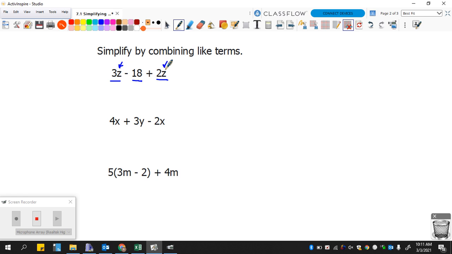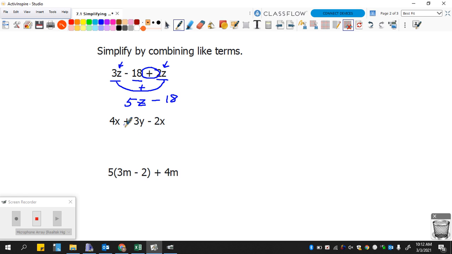The 18 does not have a z, so we can combine the 3z and the 2z, and this 2z has a plus in front of it, so we're going to say 3z plus 2z, which is 5z, and we didn't do anything with the 18, so we're going to bring that minus 18 down. So that expression right there is simplified as far as we can simplify. We cannot combine the 5z and the 18 because the 18 doesn't have a z.